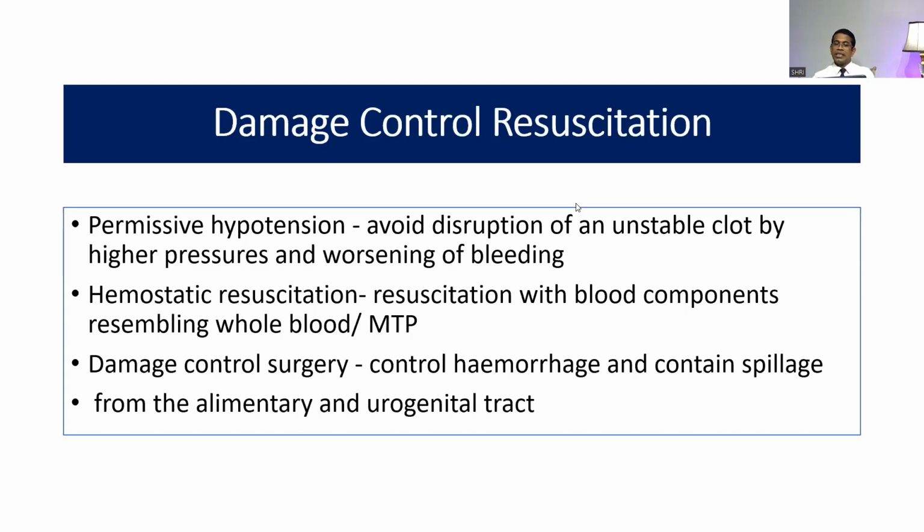And the third thing is damage control surgery. The main aim is to control hemorrhage and control contaminated spillage from the upper GI tract and the urinary tract, and then close it and come out. Usually the aim is to keep that surgery within 60 to 90 minutes, close, and come back.